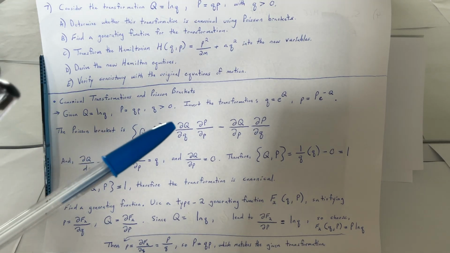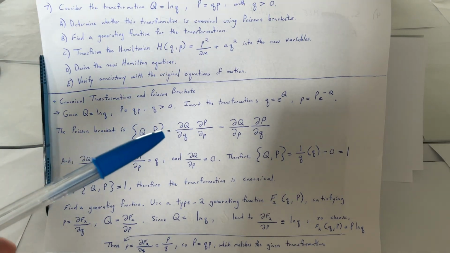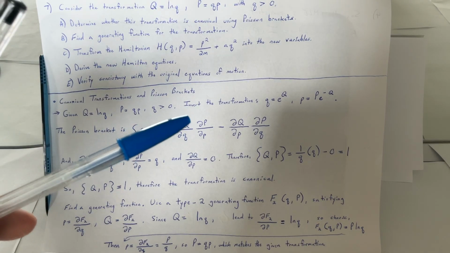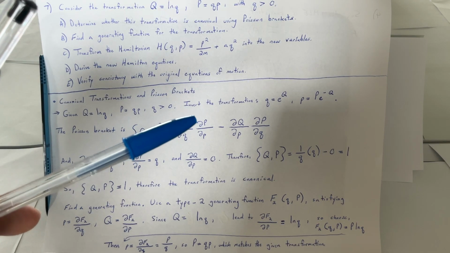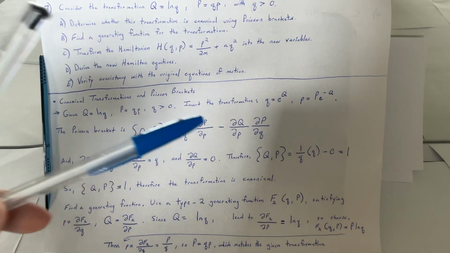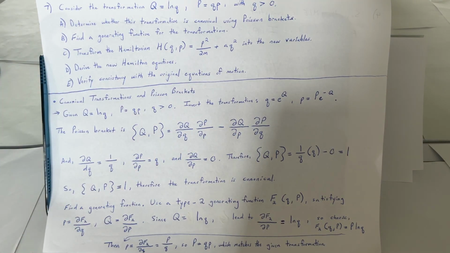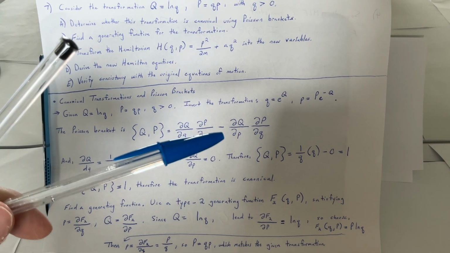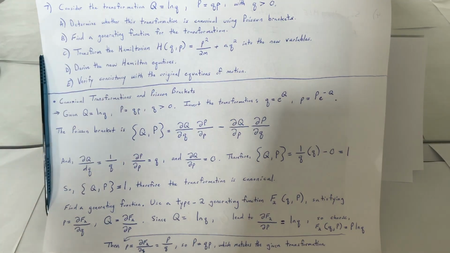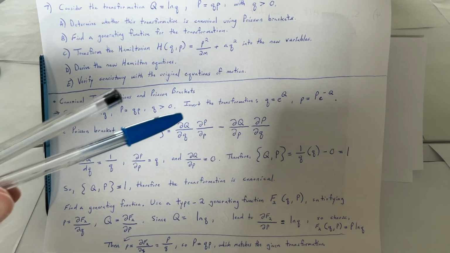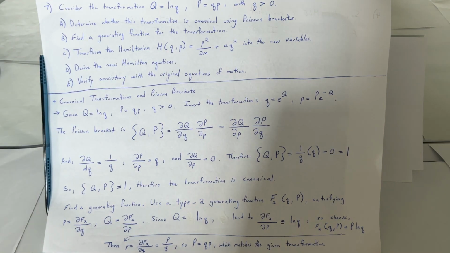This is the partial derivative of Q with respect to lowercase q times the partial derivative of P with respect to lowercase p, minus the partial derivative of Q with respect to lowercase p times the partial derivative of P with respect to lowercase q.